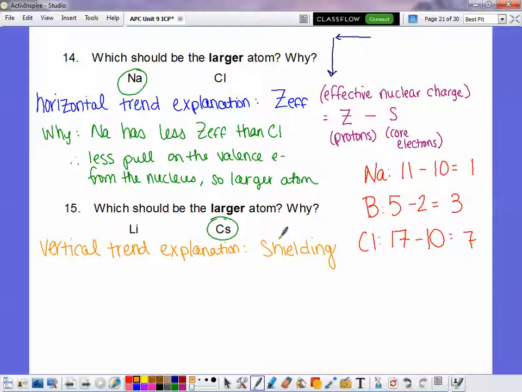Another way to think about it is as you move down the periodic table, you're adding energy levels, adding layers or shells to the atom, so it's getting bigger. So more core electrons, more shielding.